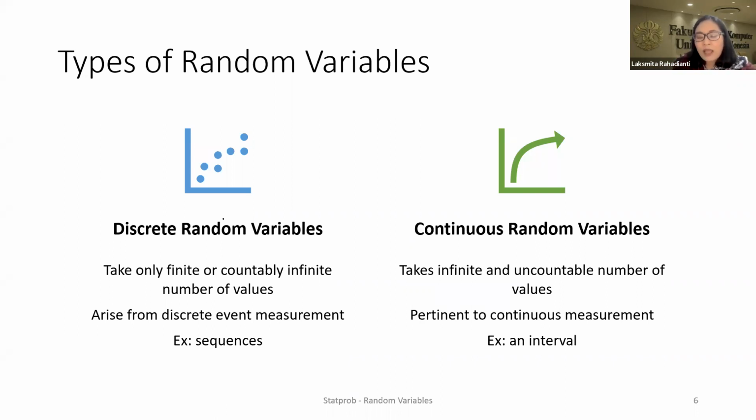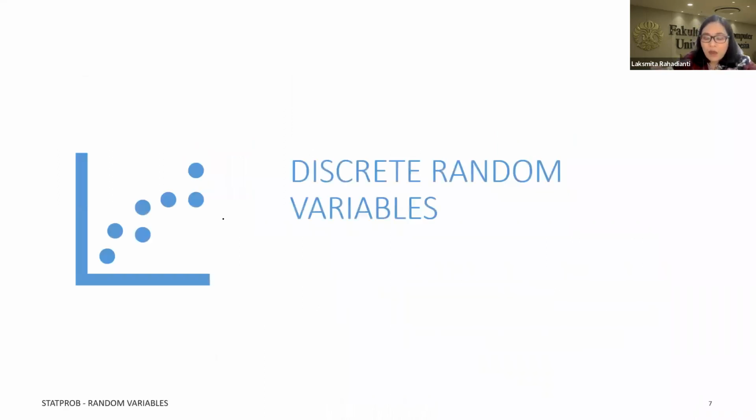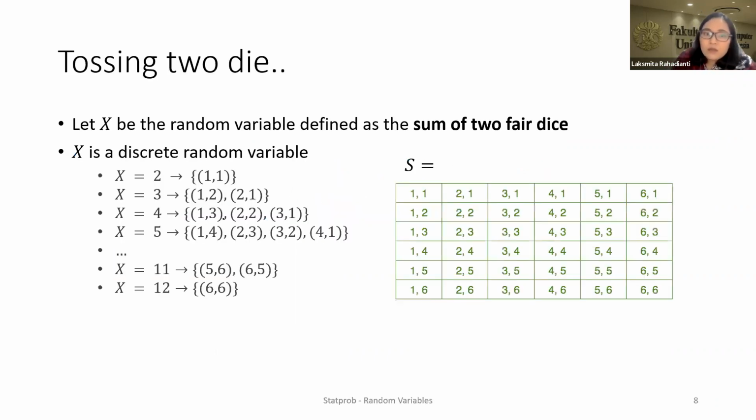And this is also in line with the type of events that we can talk about. I'm going to start first with the discrete random variables. There are two ways that we can define our discrete random variables, using two different types of functions. So here we're going to do another example just to drill in the concept.